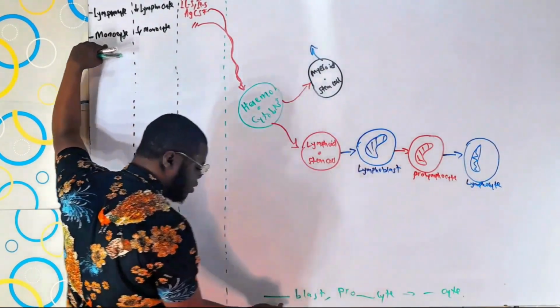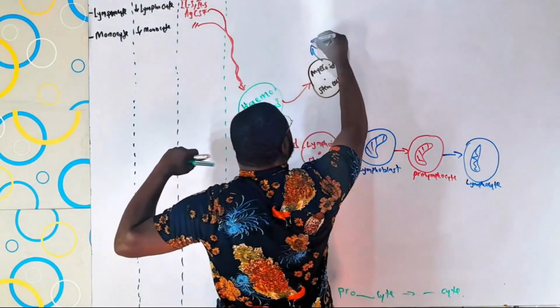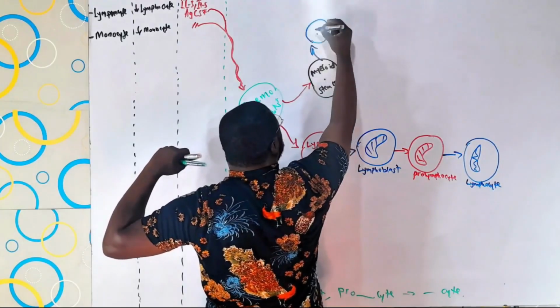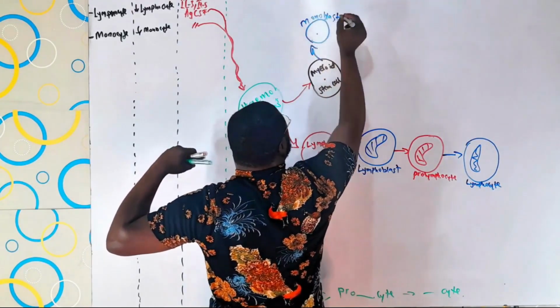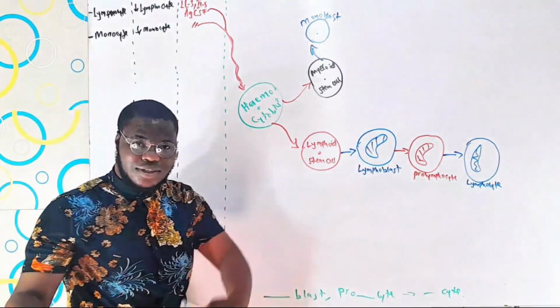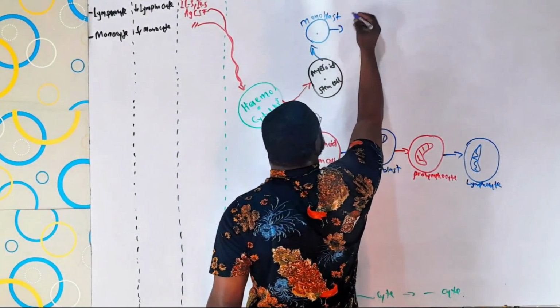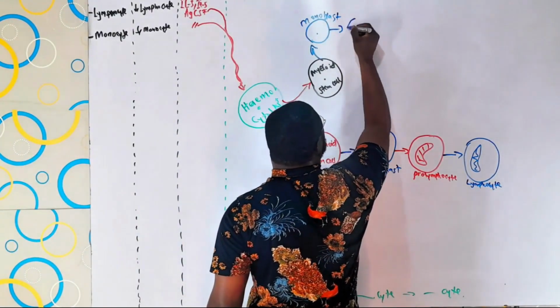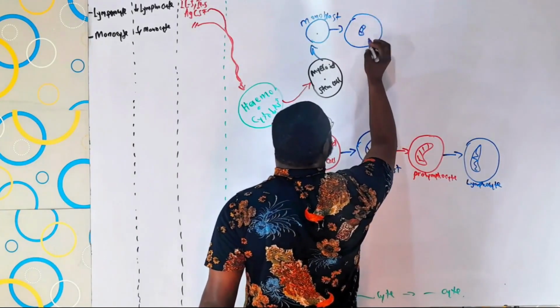The first stage is the dash-blast. It is going to firstly divide to form a monoblast. And from the monoblastic level, it is going to become the pro-site, and that will give you the next cell, the pro-monocyte. So it becomes the pro-monocyte.